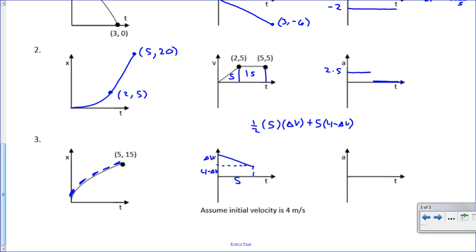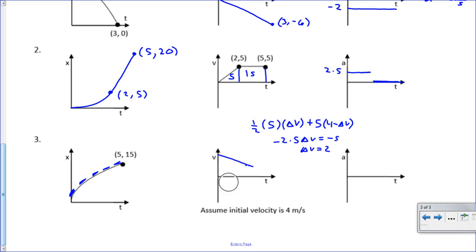We can simplify that, bring things together, and you get negative 2.5 change in velocity equals negative 5, and then you end up with the change in velocity here equals 2. So we end up knowing on this one that our velocity goes down by 2.